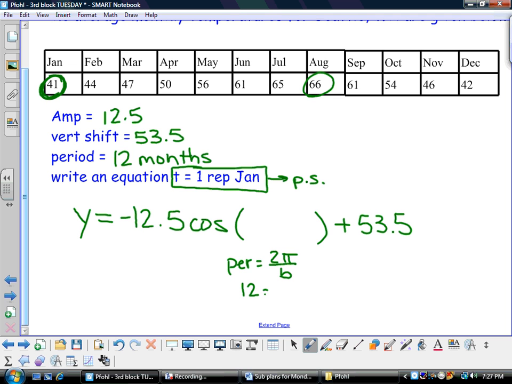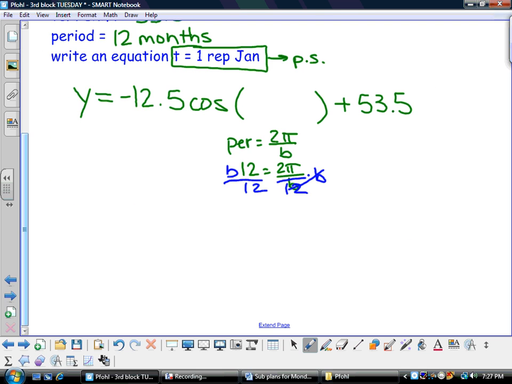So 12 equals 2 pi over b. B equals pi over 6. So pi over 6 is the value being multiplied by x.